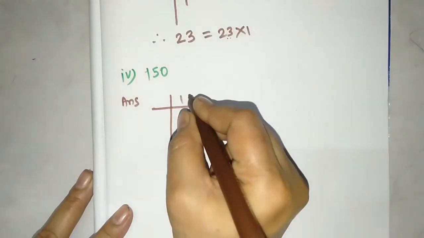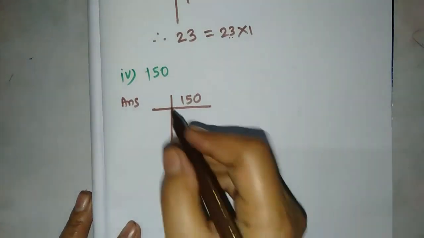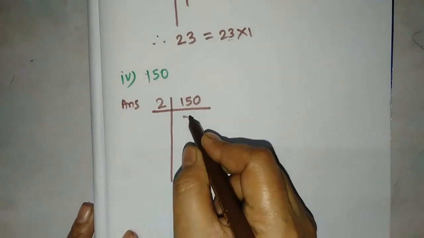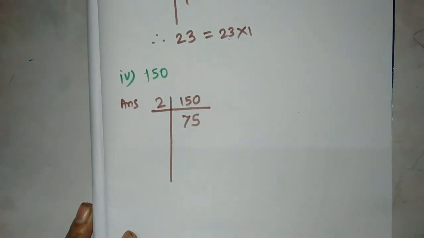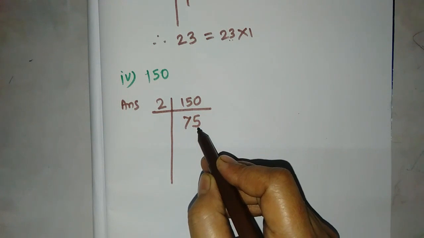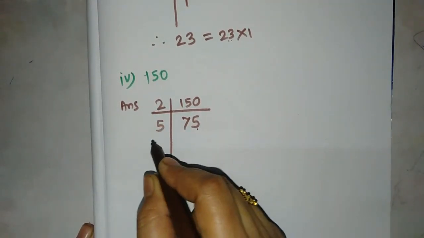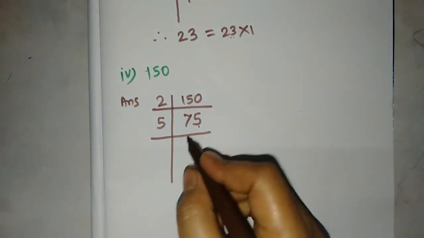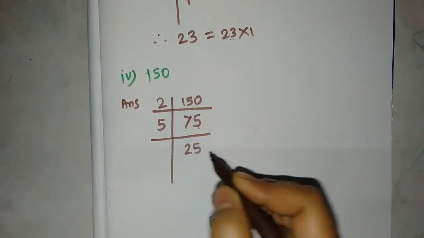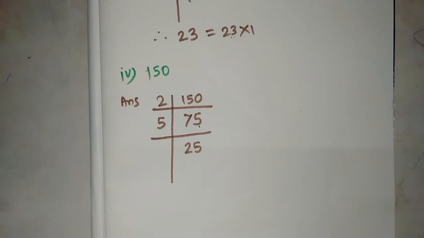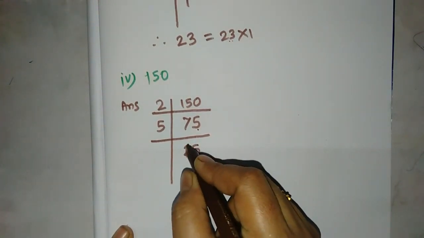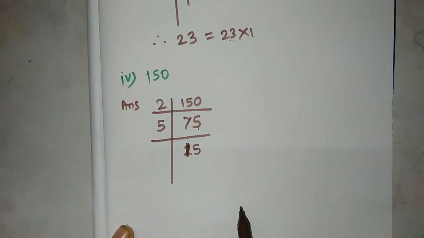Next is 150. It is an even number. So divide by 2. And after dividing we get 75. The last digit of 75 is 5. So it is divisible by 5. So 15 5s are 75.